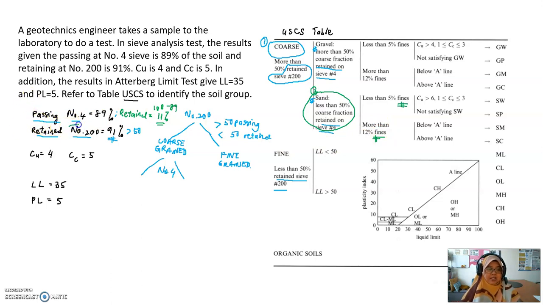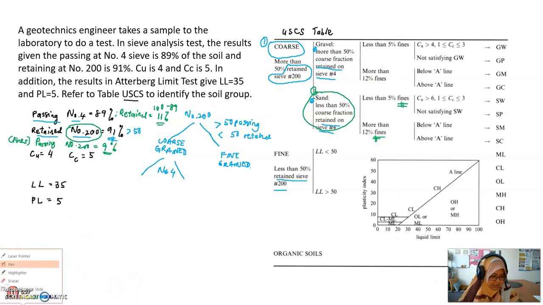We refer to number 200, but it is much easier if we calculate the passing of number 200 in order to obtain the fines percentage. Similarly to how we calculated the retained at number 4 just now, passing number 200 is 100 minus 91.